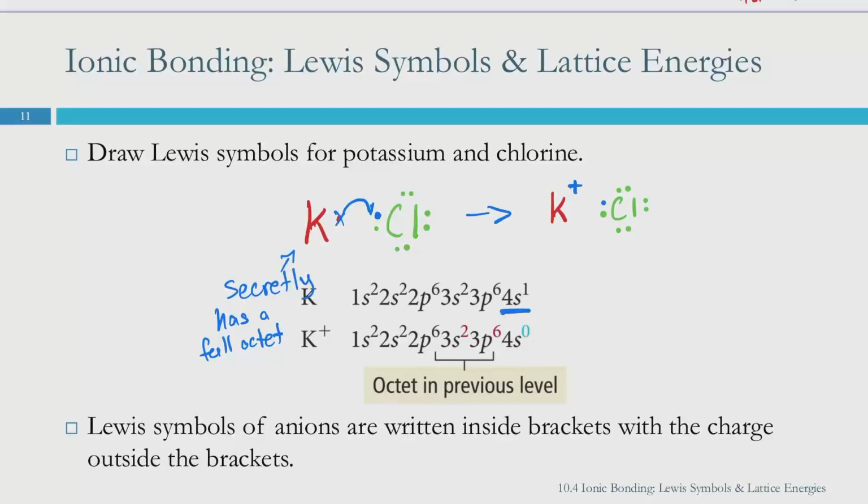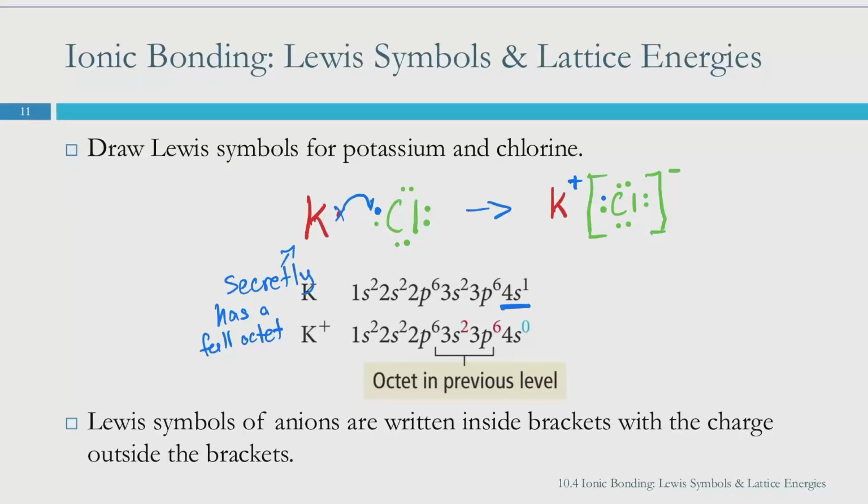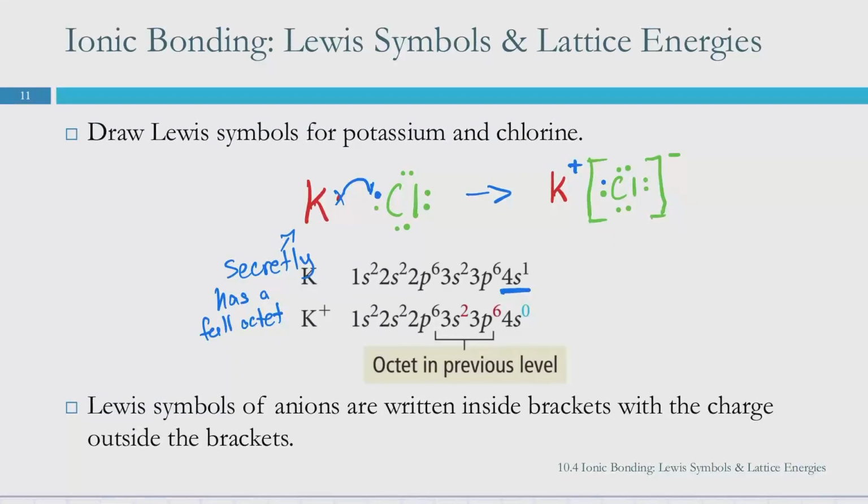And we need to have brackets around our chloride, and we put the negative charge up outside of the brackets. The reason that we put in the brackets is so that we know all of these electrons only belong to the chlorine.